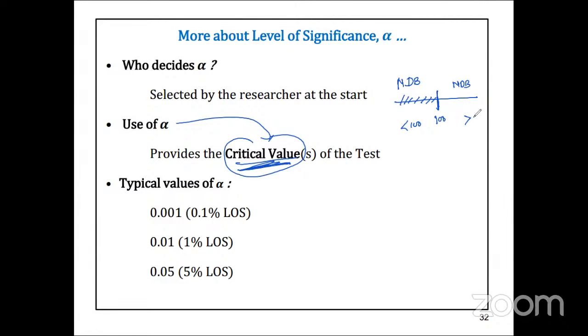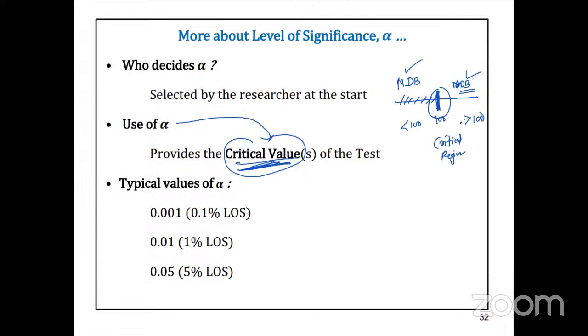But if your sugar is more than 100, then you will be declared a diabetes patient. So this is the boundary which decides which region you are in, this region or this region. That is decided by this boundary, and let us call it a critical region.